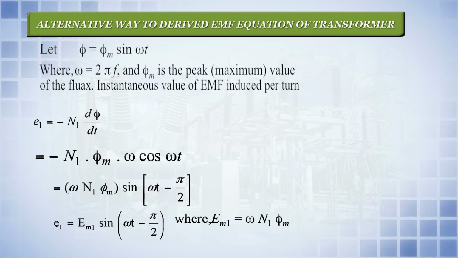You get the condition for the maximum induced EMF when sin (omega t minus pi by 2) is equal to 1. So after replacing omega N1 phi m with EM1, you can write the final expression for the induced EMF at the primary side, that is E1 is equal to EM1 sin (omega t minus pi by 2).